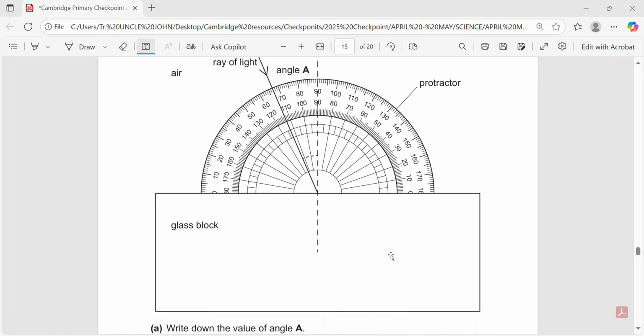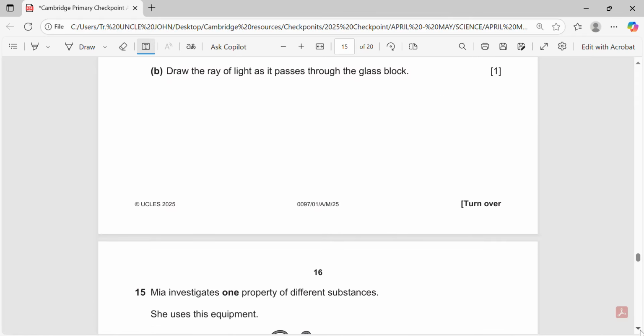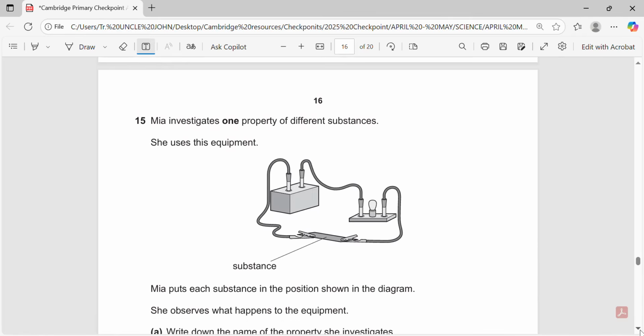This is the only way you can draw it. Let's go back. B is done. You've seen it.